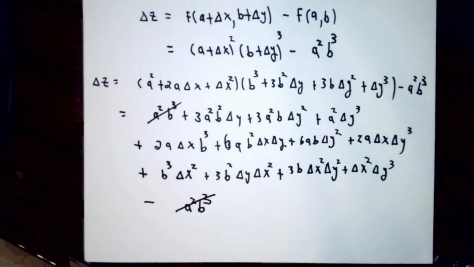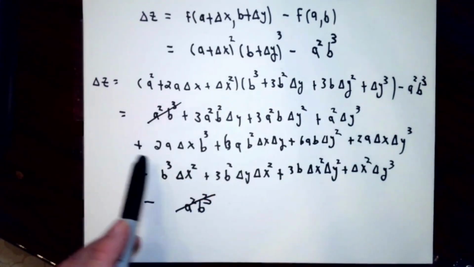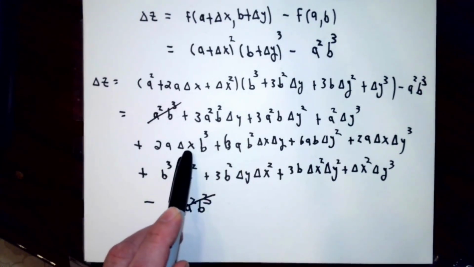Everything that has a single delta x, I will group together. Everything that has a single delta y, I'll group together as well. And then I've got to think about the rest of it. Scanning through, there's something that has a single delta x in it.